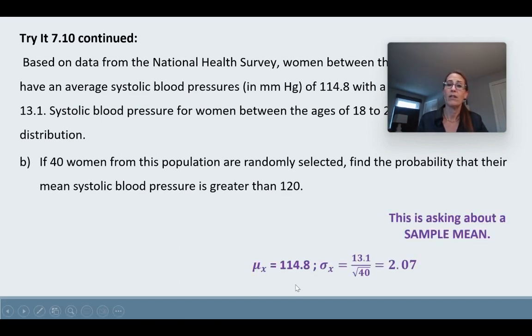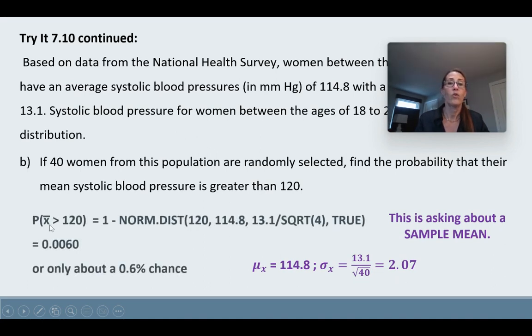Okay. So it's a sample mean. So that means we have a new sample mean, which is really the same as the original one, but our standard deviation has changed here. So now the standard deviation of this, X bar, is the original standard deviation of 13.1 divided by the square root of 40, which is about 2.07. So greater than problems, 1 minus the normal distribution, 120.